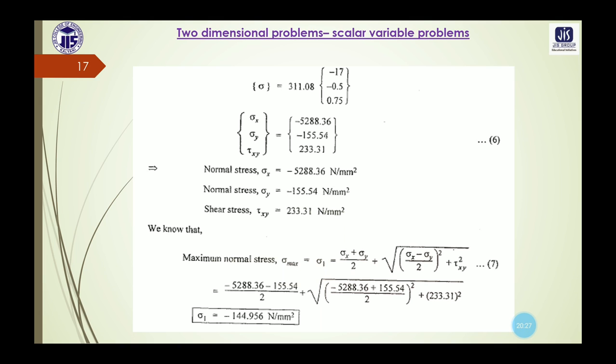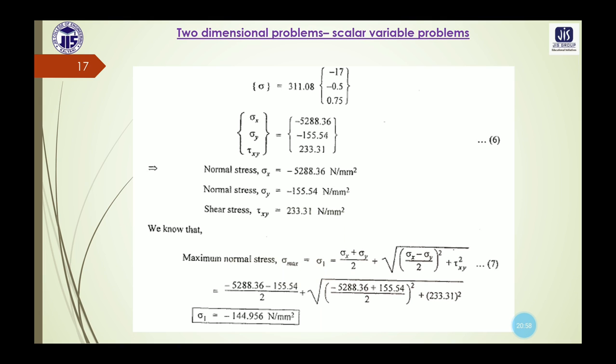That means the sigma or the stress matrix we are getting is 311.05 multiplied by a column matrix of -17, -0.5 and 0.75. Now this sigma matrix is actually sigma x, sigma y and tau xy, a column matrix. So this is our equation number 6 that we have got here.